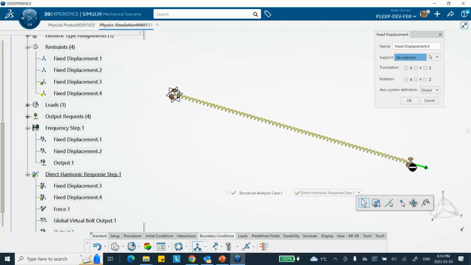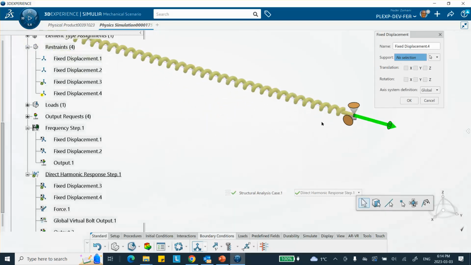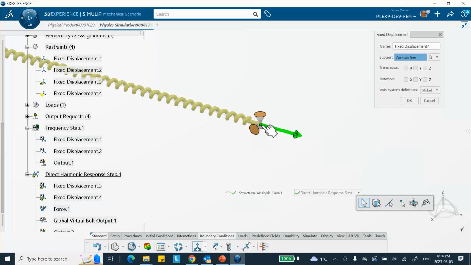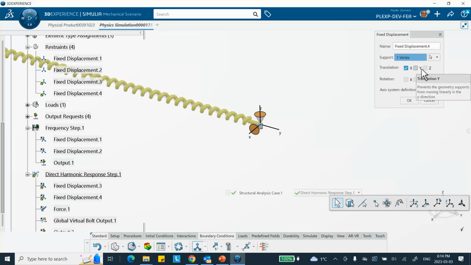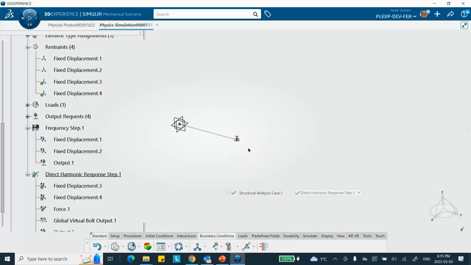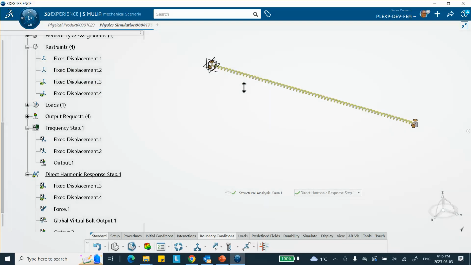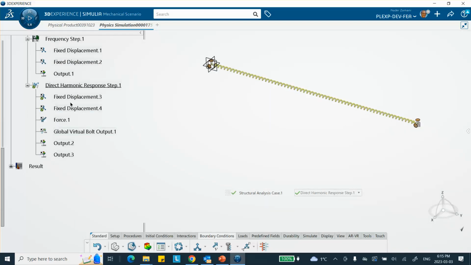The only difference is that, let me try to pick this point. If it's blocking you, let's hide some of the stuff right there. Okay, does not move in X, does not move in Z, rotation irrelevant, but it can move in Y. So here, essentially, we have duplicates of these things, which are now in the direct harmonic response.